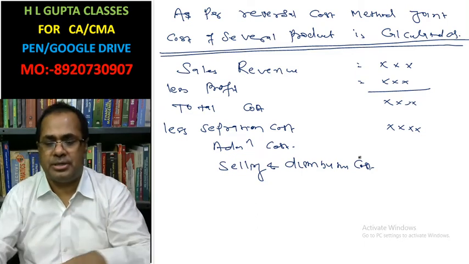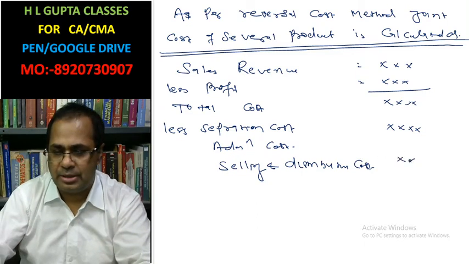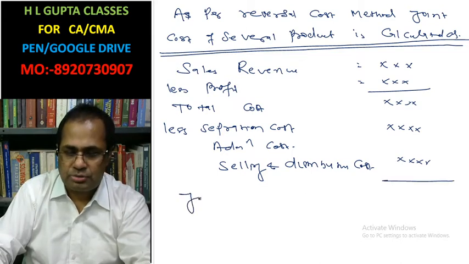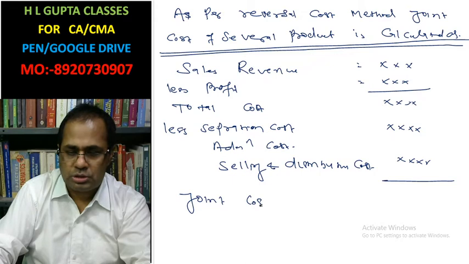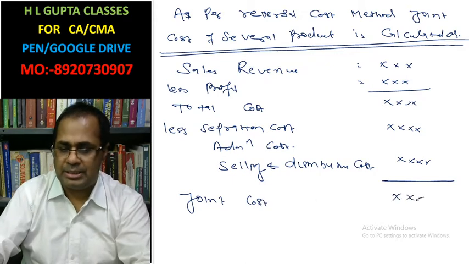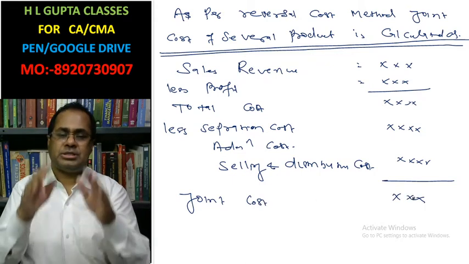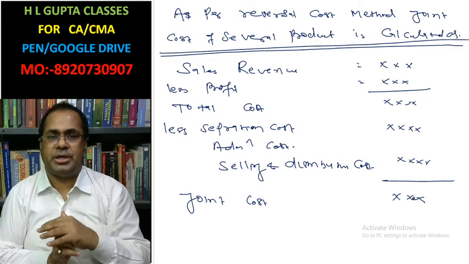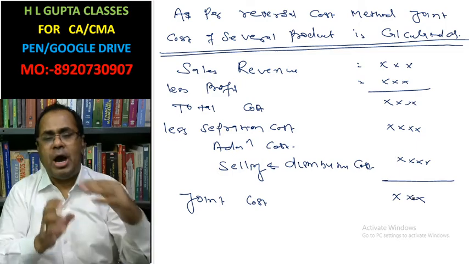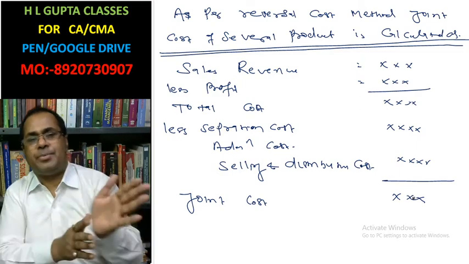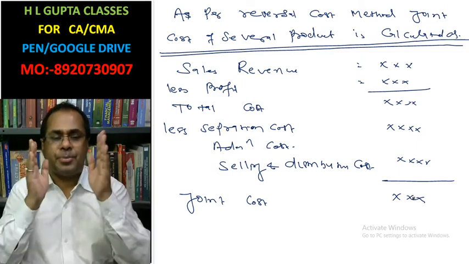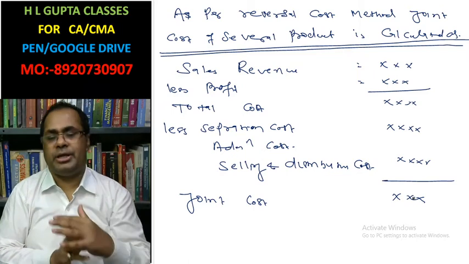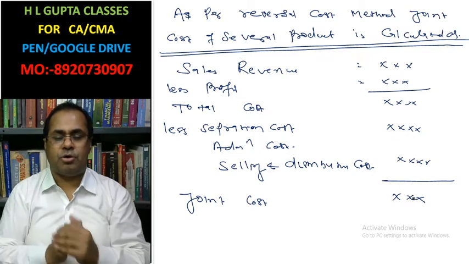These are subtracted, then the total joint cost will come here. Joint cost is calculated like this. First you take sales minus profit, which gives the total expenditure incurred. Thereafter you subtract all costs after the split off point, and after subtracting these costs, you will get the joint cost of each product.